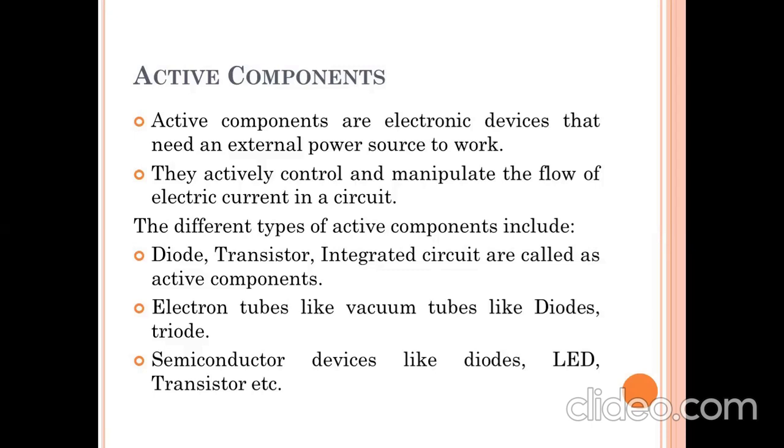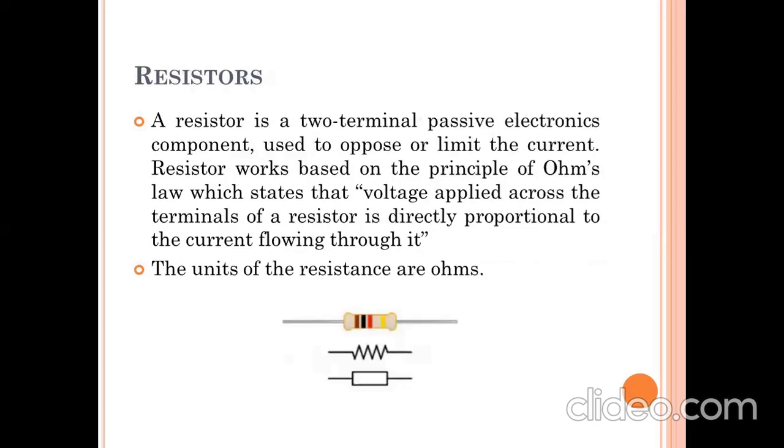The basic difference between an active component and a passive component is the type of power source required. If it requires an external power source, then it is an active component, and if it does not require an external power source, then it is a passive component.